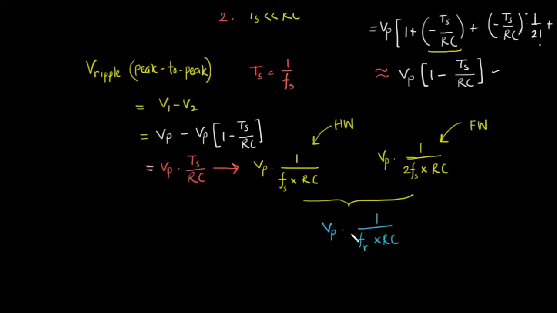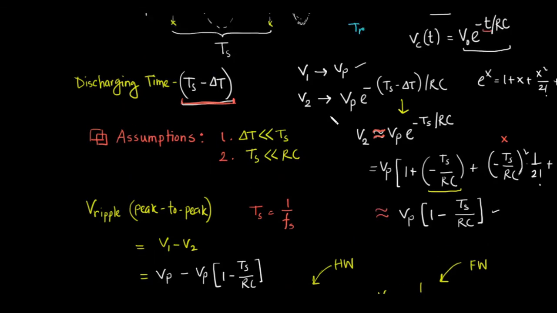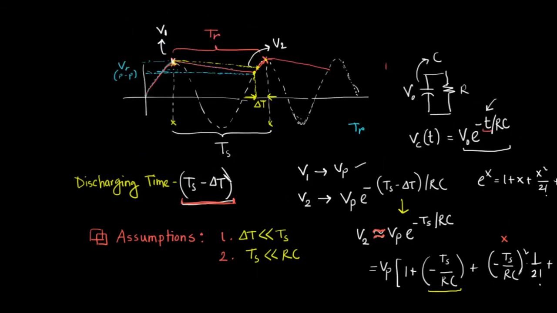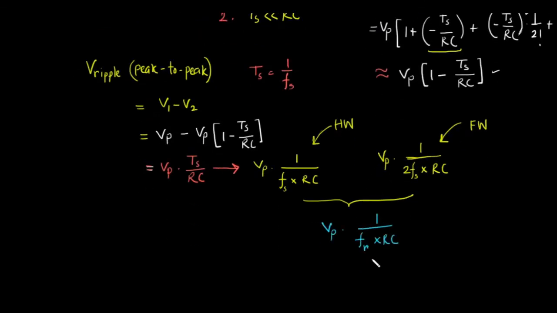For a half wave rectifier Fr equals Fs, and for a full wave rectifier Fr equals 2 Fs. In hindsight, we could also have done this derivation using Tr in place of Ts, and then we would directly have this Fr in the final expression. That would also have resulted in the final formula. So this is our formula for finding the peak to peak ripple voltage.